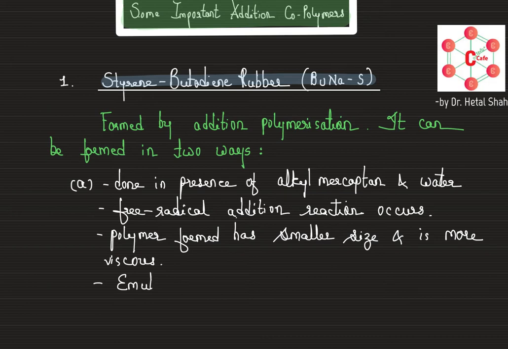Emulsion. So this is one reaction where an emulsion type of polymer gets formed. This is like a softer version, almost in liquid form, a thick viscous liquid form, and this is one way of getting it.